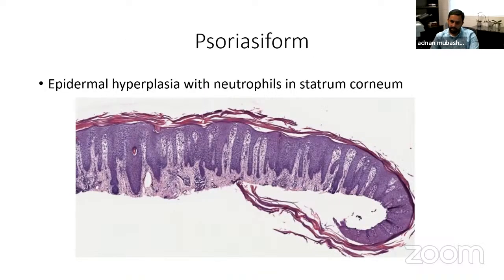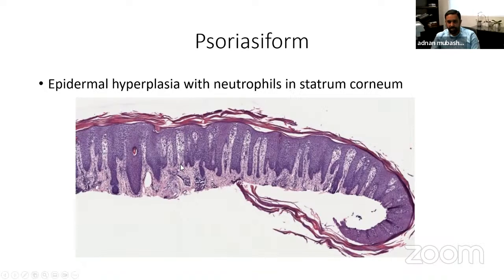as opposed to this pattern, which is called psoriasiform reaction pattern of the epidermis, where you will see hypertrophy of the epidermis. Hypertrophy of the epidermis is also called acanthosis. So you have these stretched out rete ridges, and the suprapapillary plate is thinned.